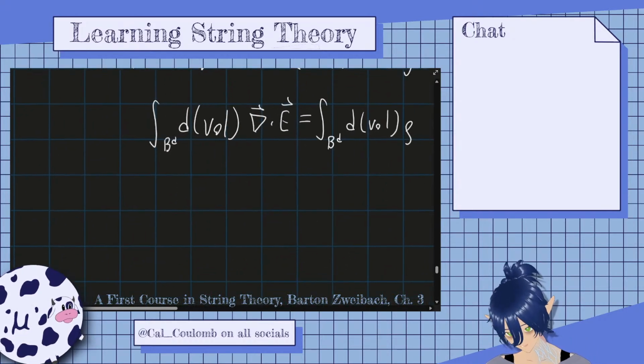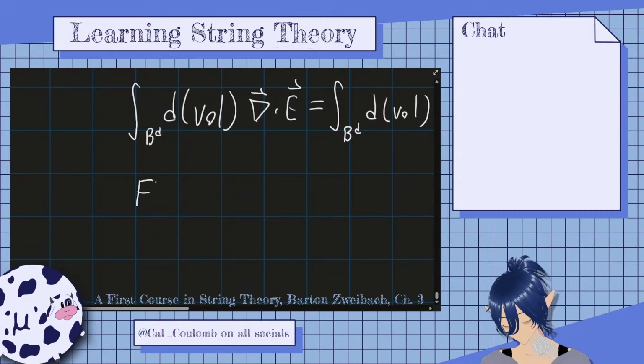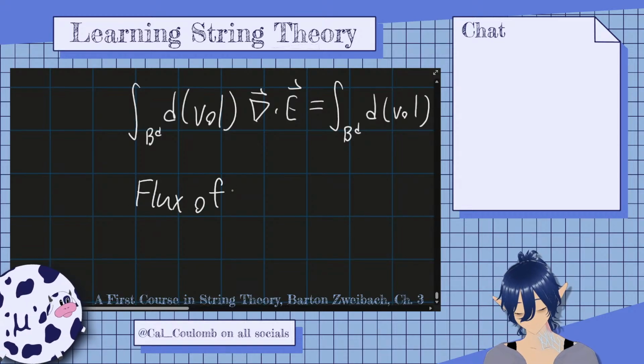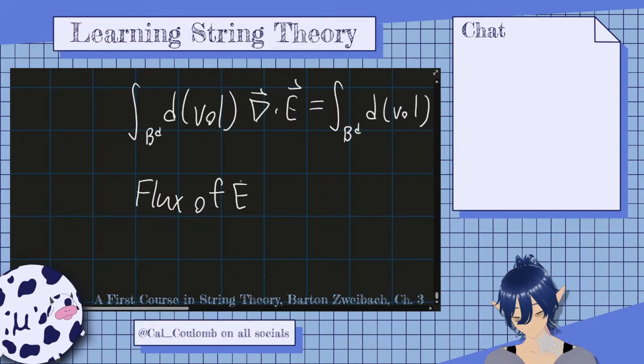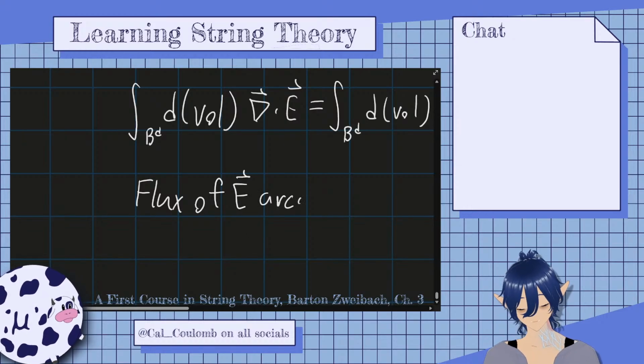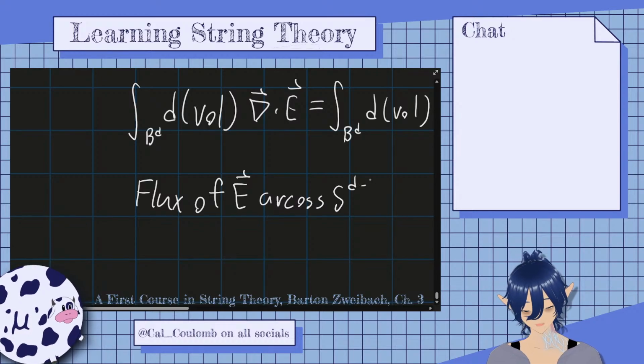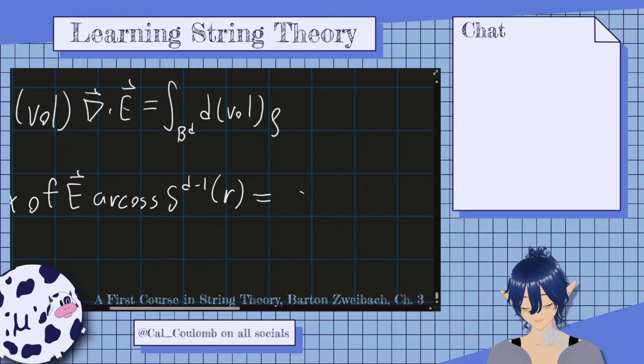So this gives us the flux of E across S^(d-1) of r is equal to the charge enclosed.